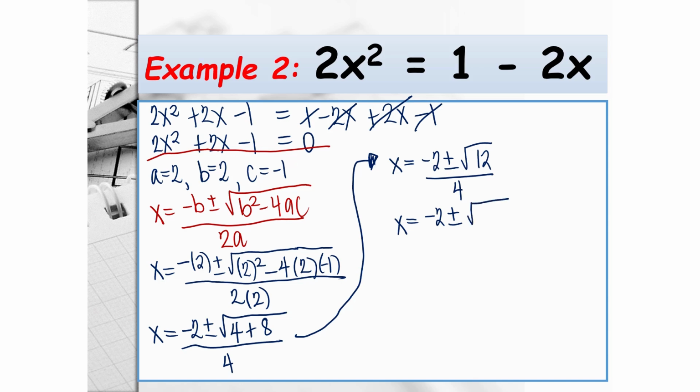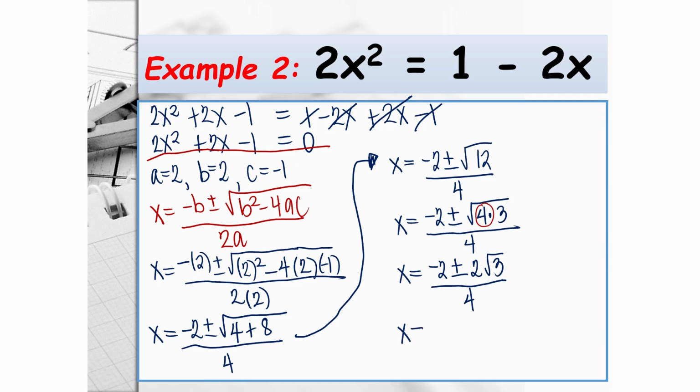So, the factors of 12 are 4 times 3. The 4 has a square root. All over 4. So, x is equal to negative 2 plus minus, get the square root of 4. We take it out of the radical sign, so the square root of 4 is 2. Square root of 3. All over 4.